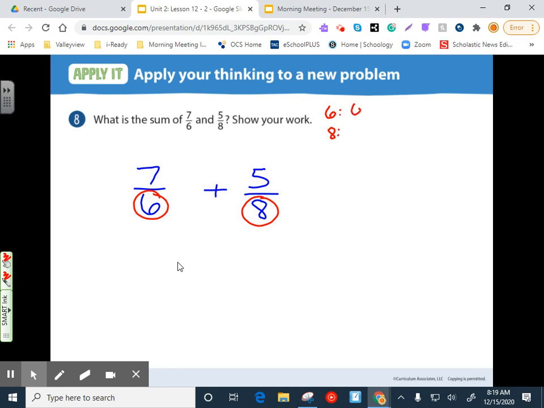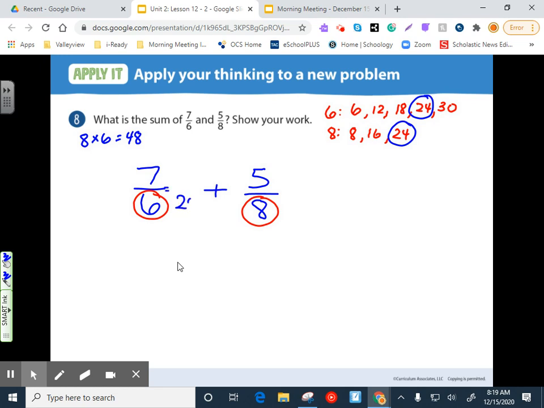So for 6, I've got 6, 12, 18, 24, 30. For 8, I've got 8, 16, 24. And I can stop right there because that 24 is our common denominator. We could have done 8 times 6 and got a common denominator of 48. That's totally possible, but let's go with the smaller, more reduced one to give us easier numbers to work with.